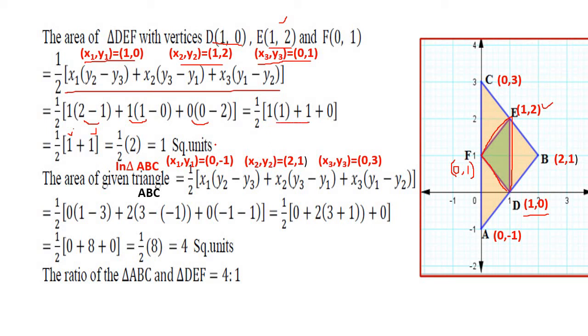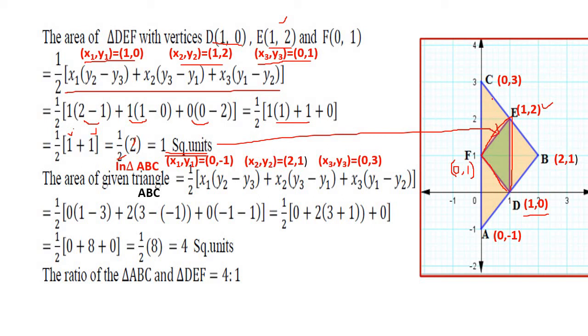Now let us add 1 plus 1, which is 2. Half of 2 is 1, so 1 square unit. So this 1 square unit is the area of the triangle DEF.